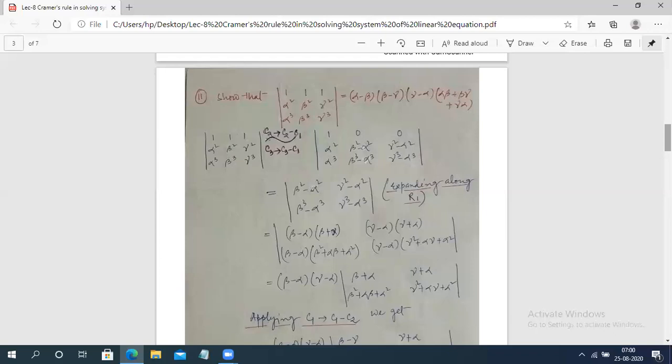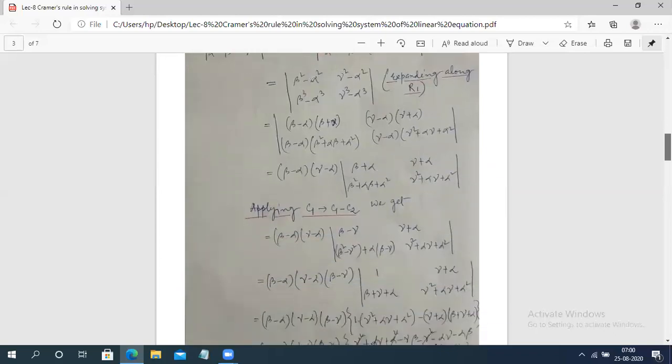Now in the next transformation, what we can do, just apply C1 into C1 minus C2. That means we are changing the first column into first column with the negative sign of the terms of the second column.